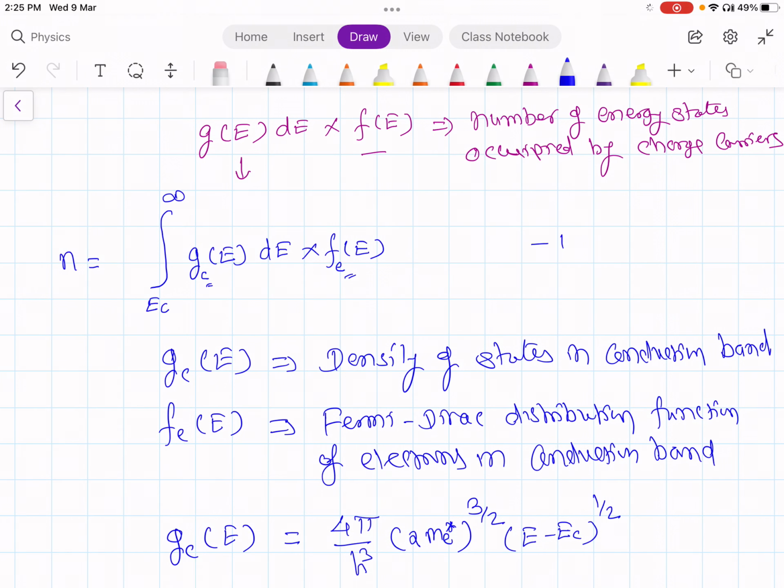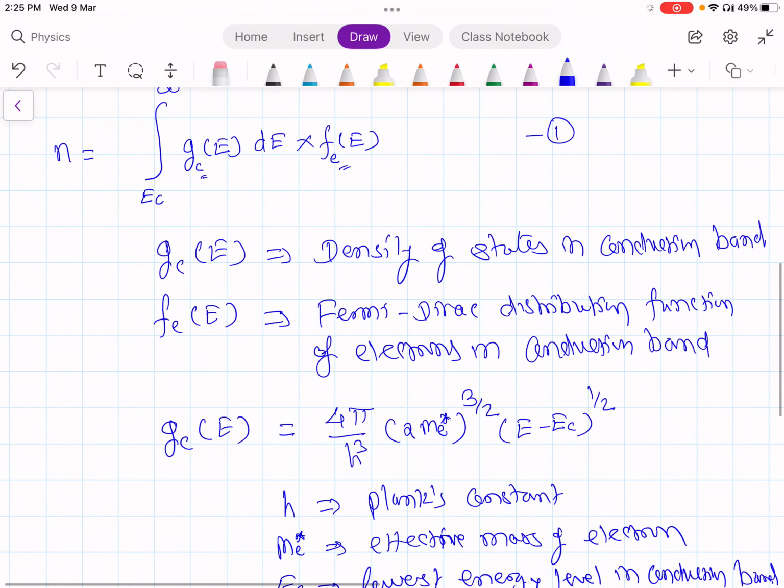Let's name this equation 1. The Gc of E is our equation 2.